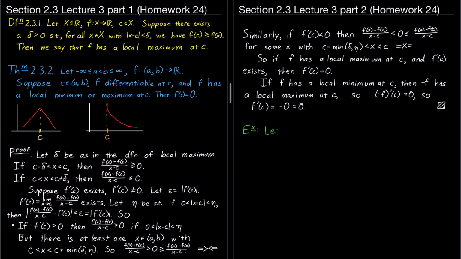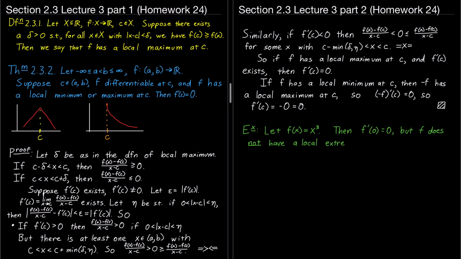So let f of x equal x cubed. Then f prime of 0 equals 0, but f does not have a local minimum or maximum.